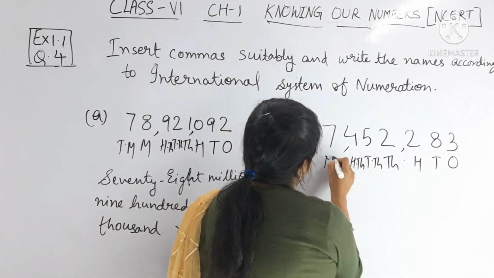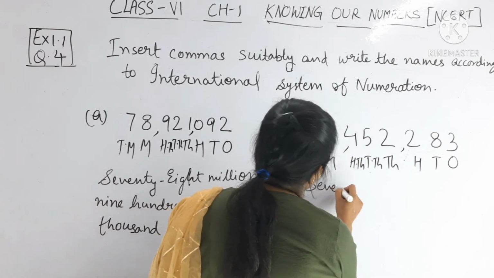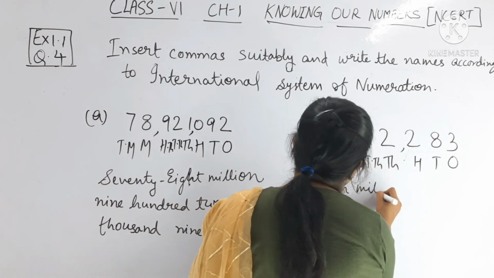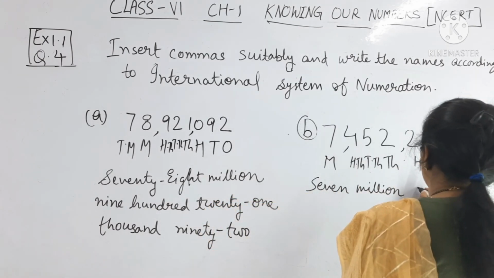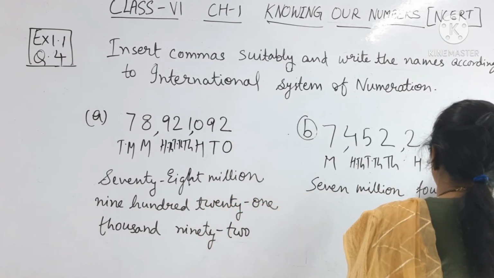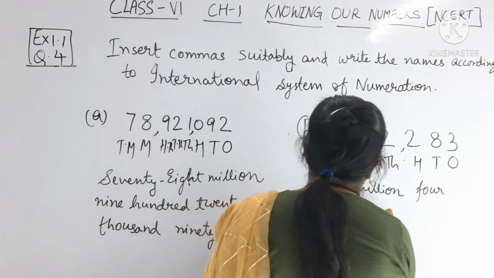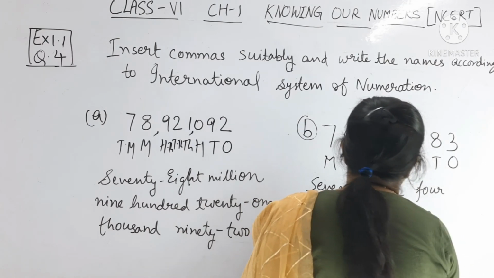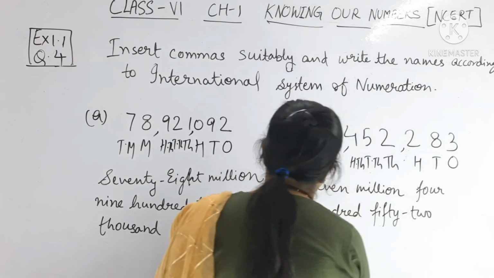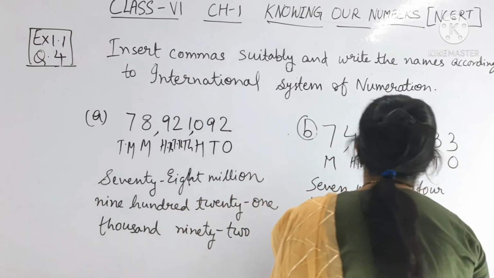Then this is million. So you can write the number name 7 million 400 52,000.